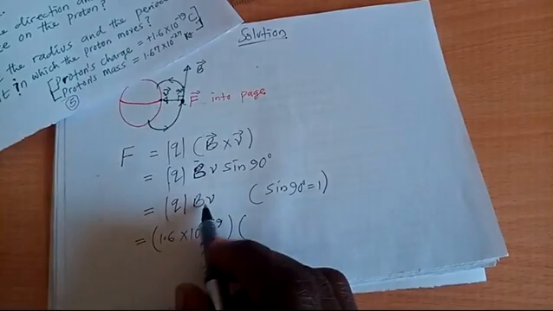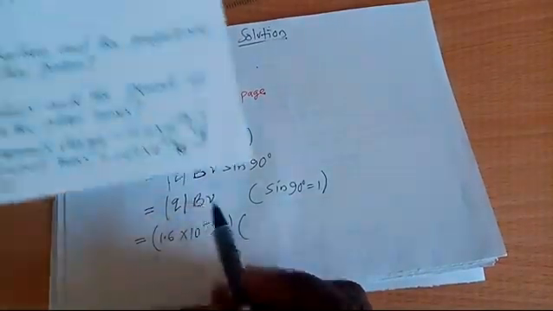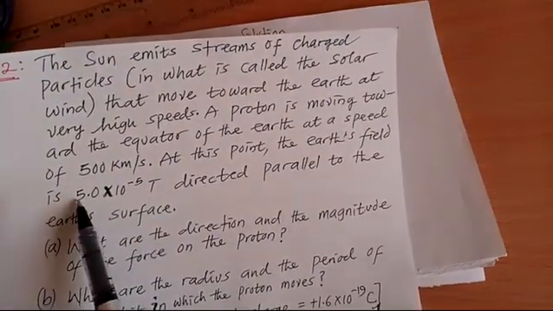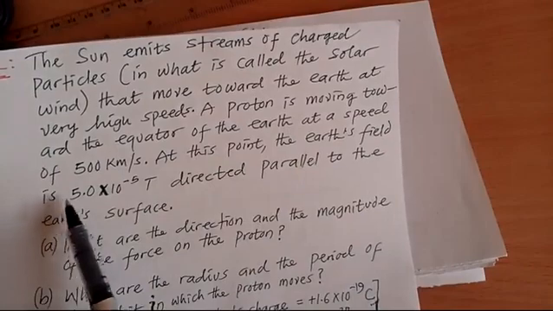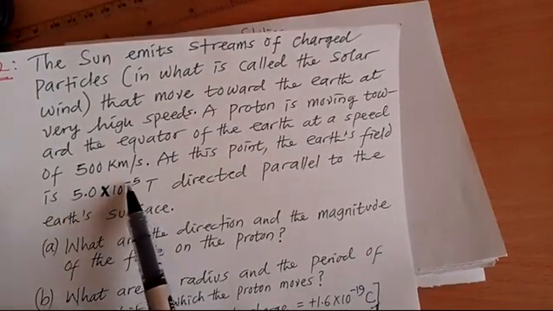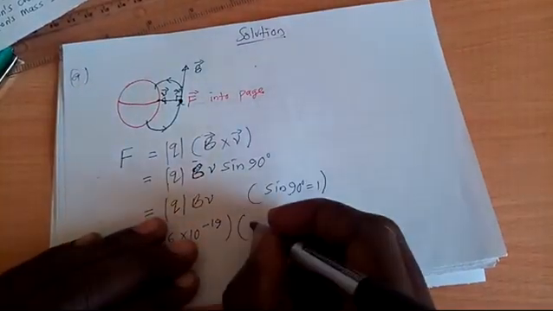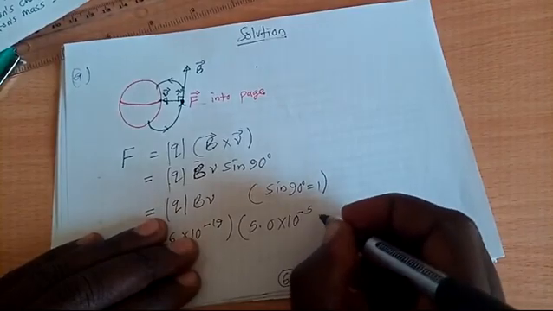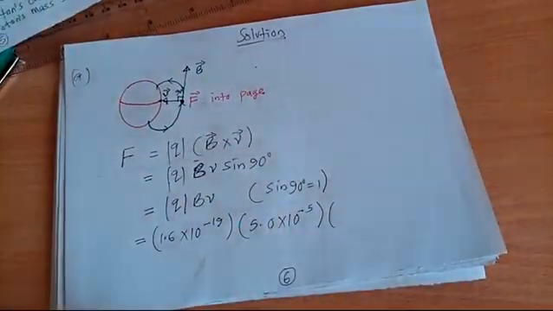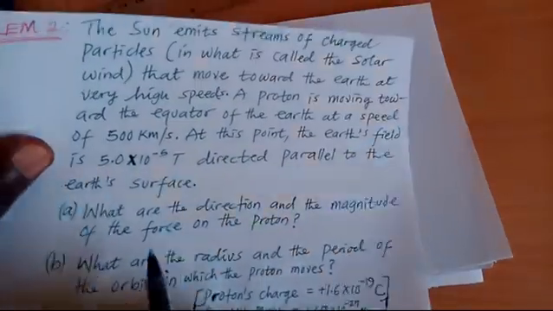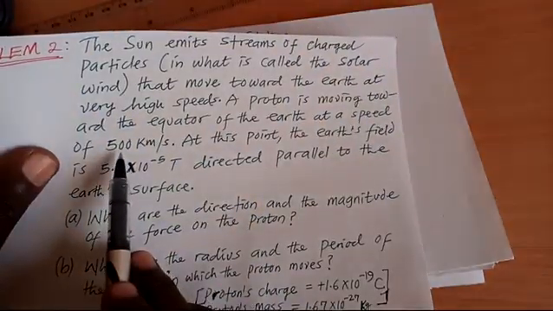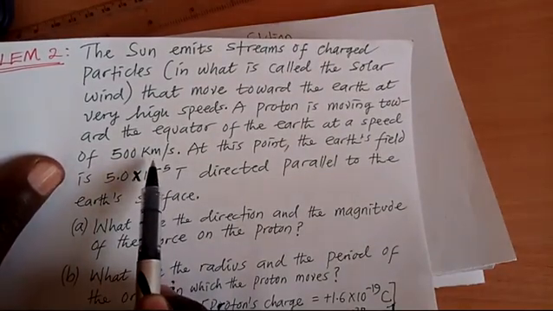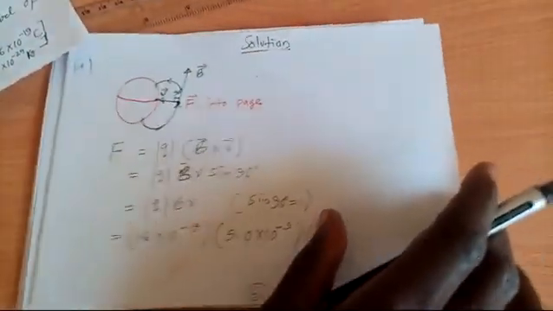Then the next one is B, the magnetic field at the equator. Look at what we are given here. They say at this point the earth's field is 5.0 times 10 to the power of minus 5 Tesla. So we write 5.0 times 10 to the power of minus 5. Finally V. This V is given in kilometer per second, but kilometer per second is not the SI unit of V, so we have to convert.